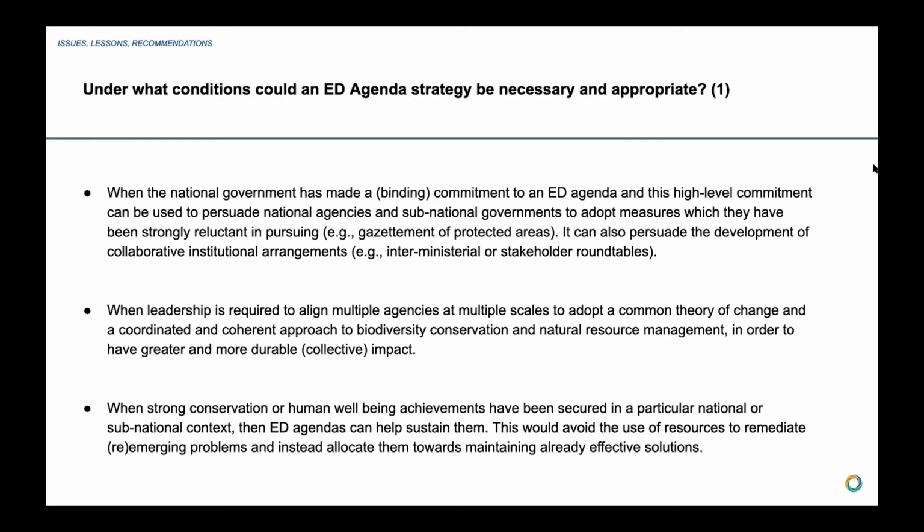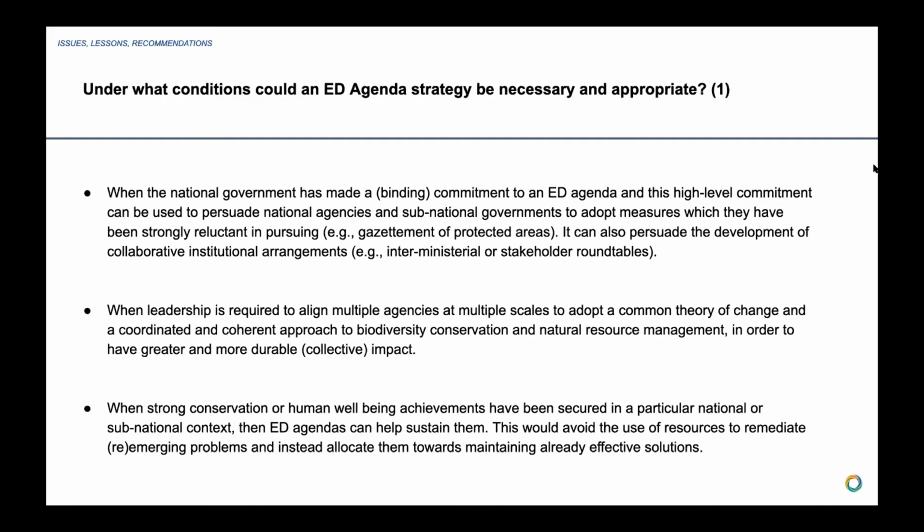And often these types of agendas require some sort of cross-sectoral collaboration. So you can also use this sort of commitment to push forward new institutional arrangements, such as interministerial or stakeholder roundtables. And these sorts of structures are also very useful for other types of conservation work. It might also be necessary and appropriate to use this strategy when leadership is required to align multiple agencies at multiple scales, and you need them to adopt a common theory of change in order to have collective impact.